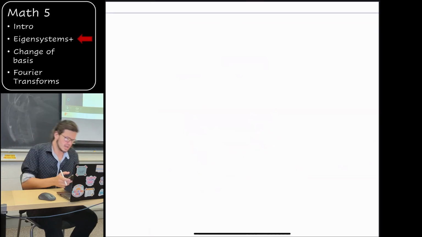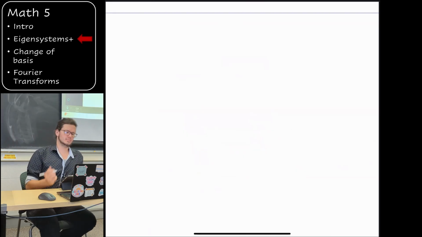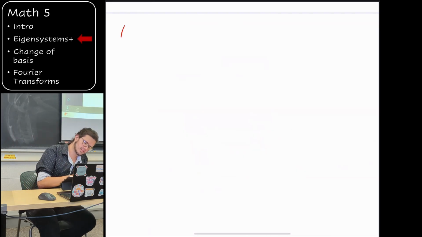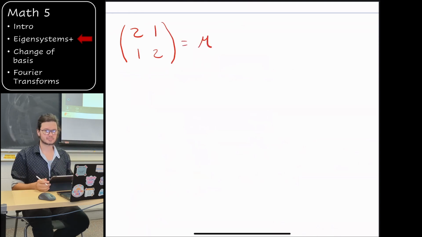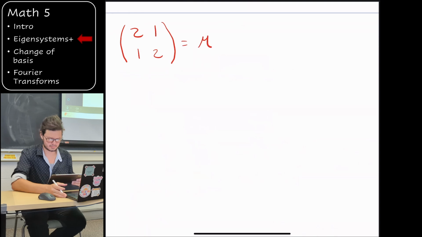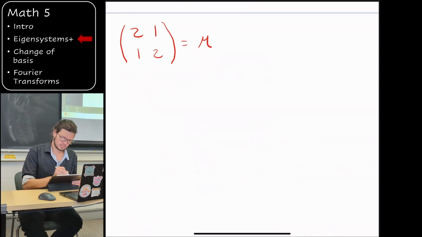Okay? So let's think using one of my favorite matrices because it's very easy to understand. This friend that is here. We're going to label this as the matrix M. It's a two-dimensional matrix.